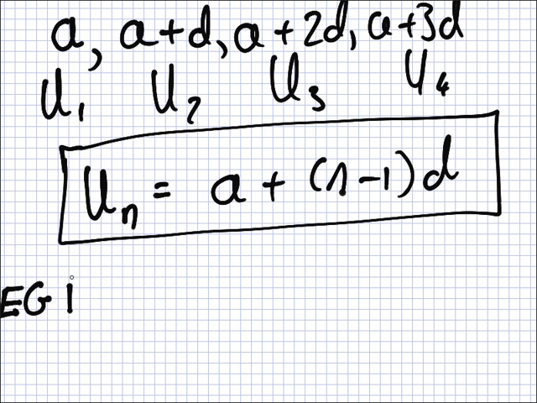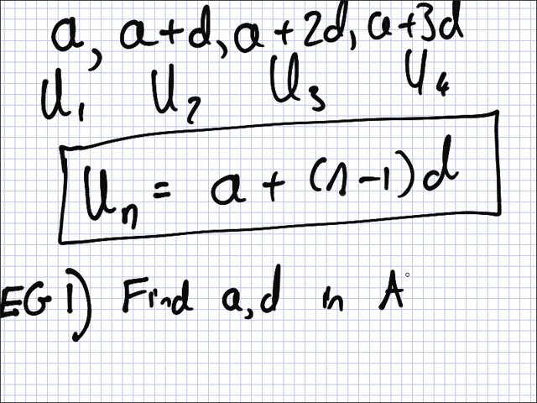Okay, example 1. This one's quite easy. Find A and D in the arithmetic progression minus 4, minus 13, minus 22. AP is short for arithmetic progression. All right.